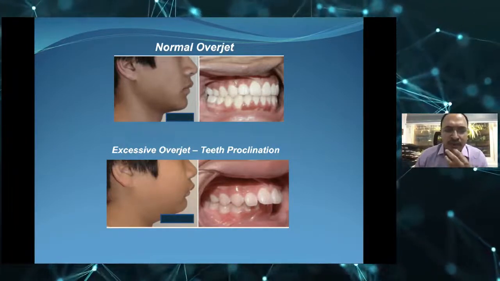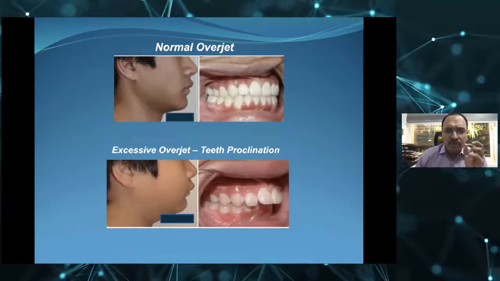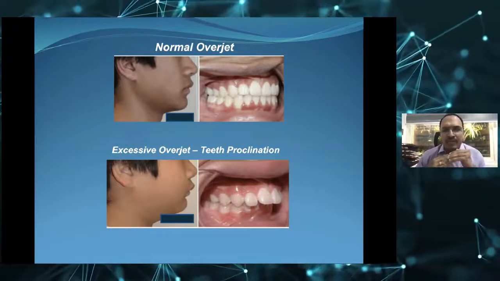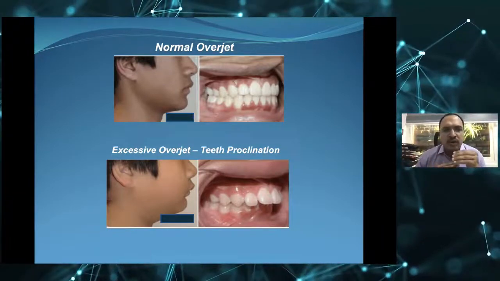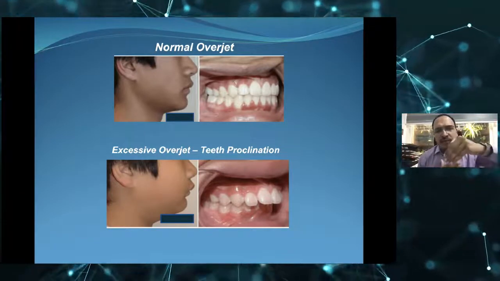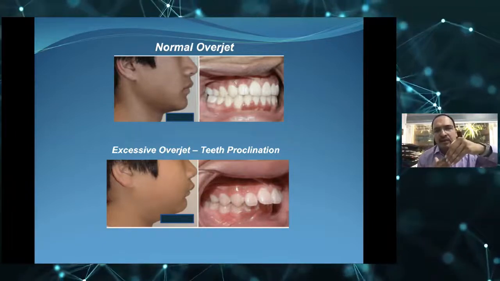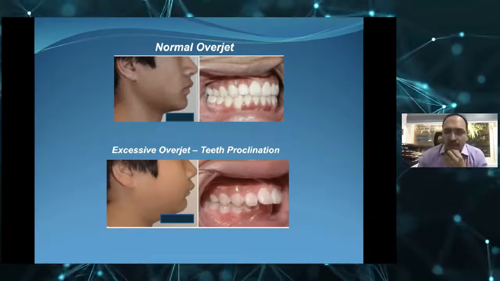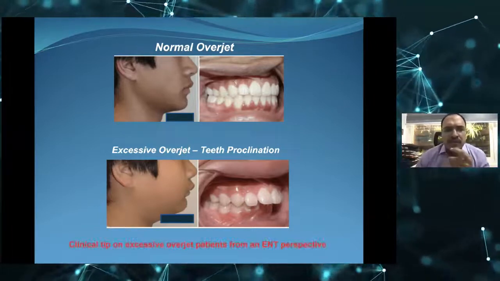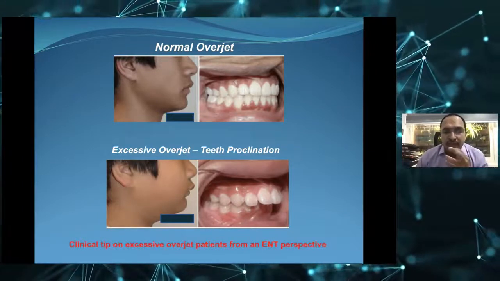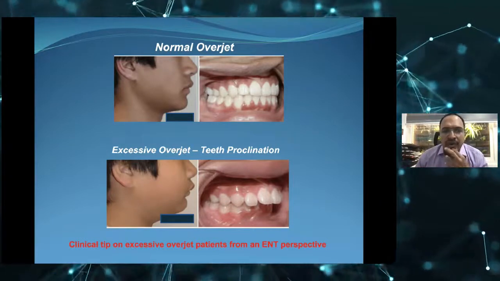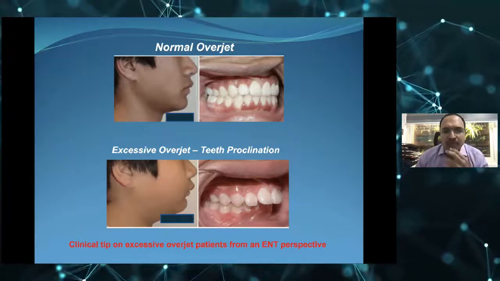So, giving you a few inputs, this is the normal overjet, what you see here, the overlap of the teeth. Excessive overjet is when the teeth are placed much more forward. That's the horizontal relationship between the teeth, where the upper teeth are very forward. This is a very common scenario you will see from an ENT perspective, a class 2 occlusion, what we call, in pediatric OSAS patients, with a convex profile.